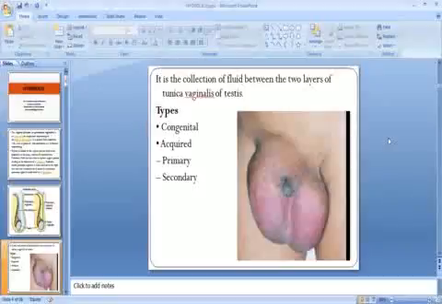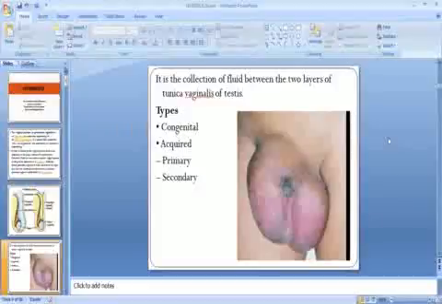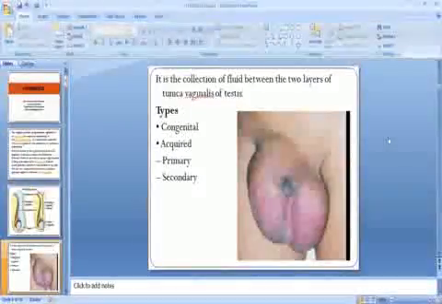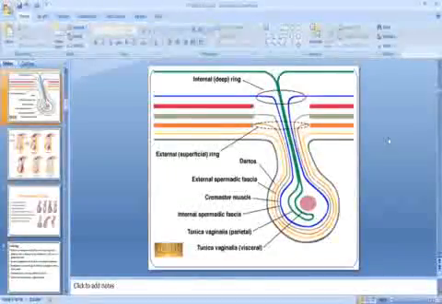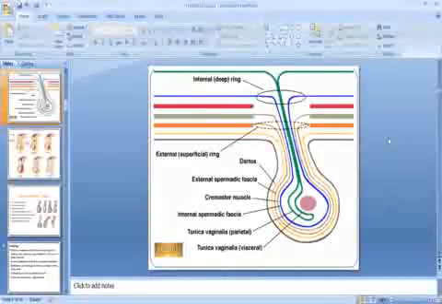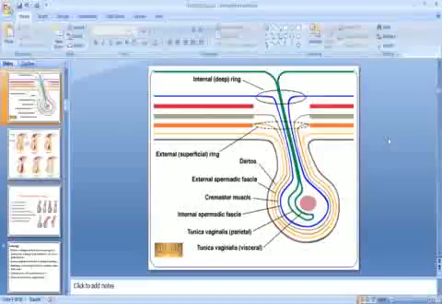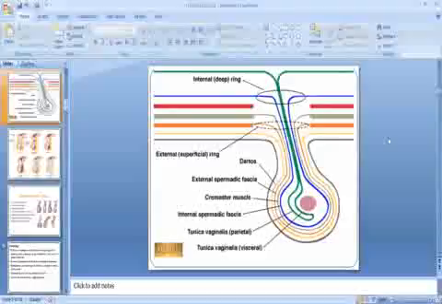As you can see in the left side picture, the hydrocele is covered. In the anatomy of hydrocele, the very first is the internal ring, then the superficial external ring, then the layers of the scrotum.